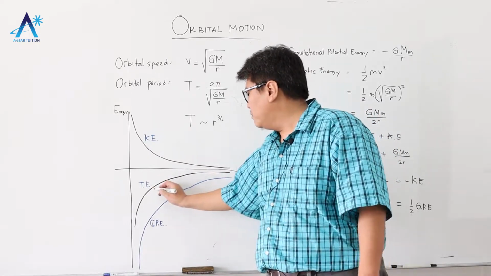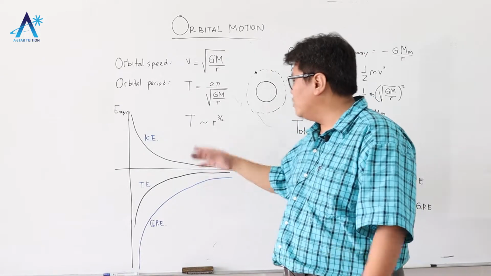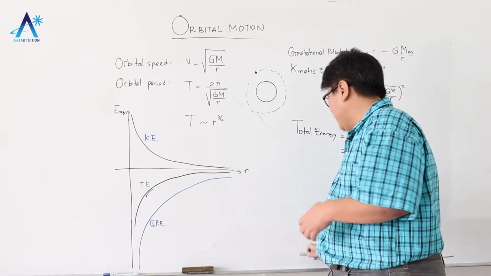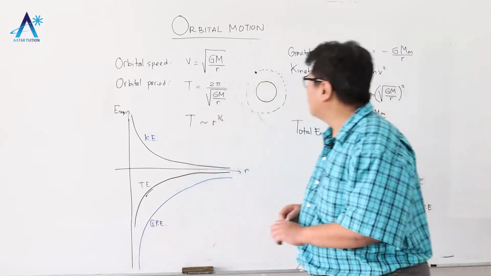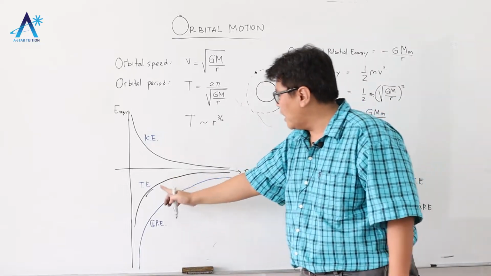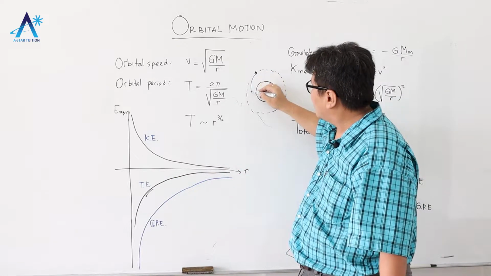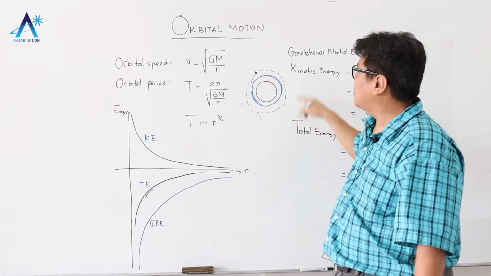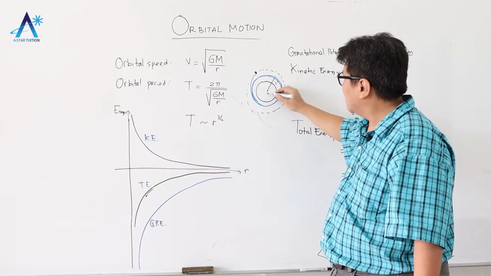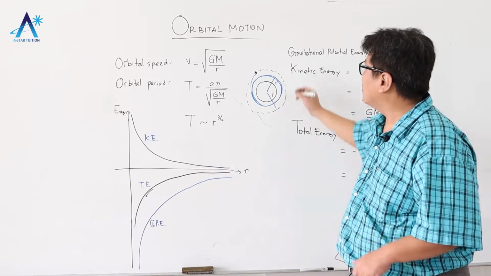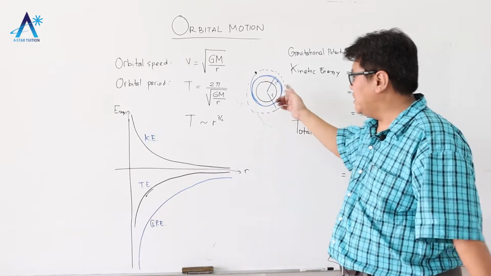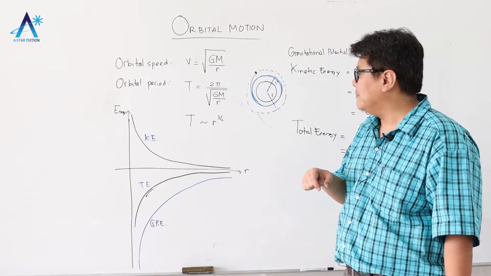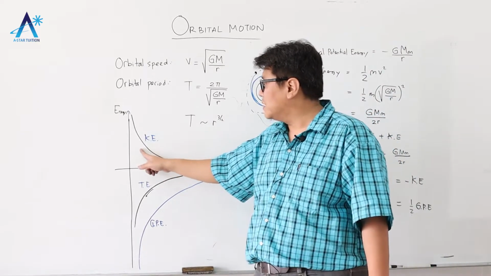When the total energy decreases, the planet will move to a shorter radius. So this is the new radius, and this is the old radius, because of the collision. Moving to a smaller radius means that the kinetic energy will increase.